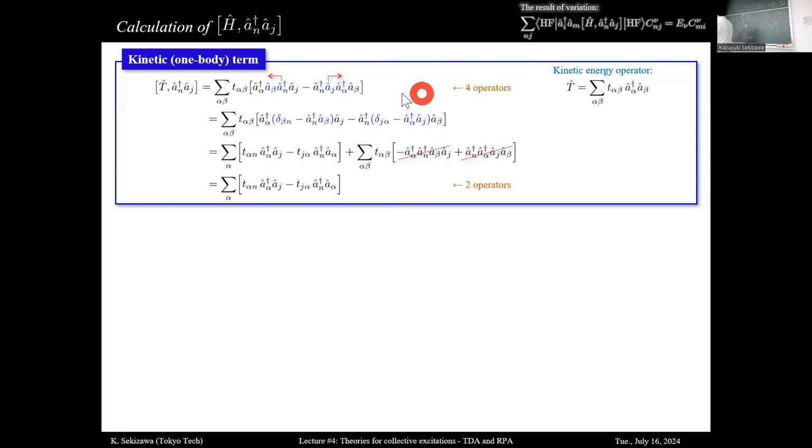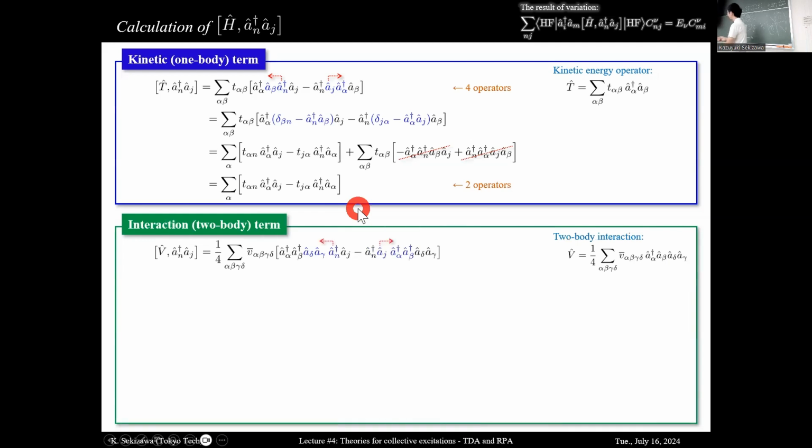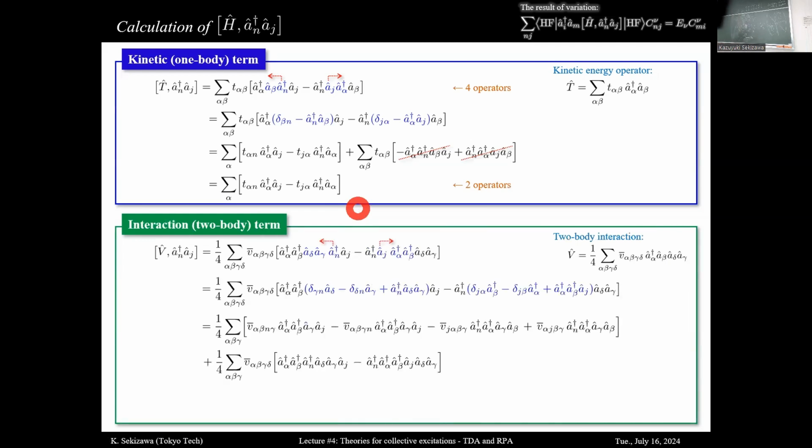As I mentioned, at the beginning you had 4 operators, but after these anti-commutation relations you have only 2 operators, because we used this Kronecker delta to reduce the number of operators. You can repeat this calculation, which is just straightforward algebra. I skip this, and you will get this equation.